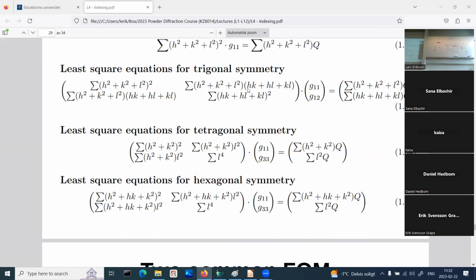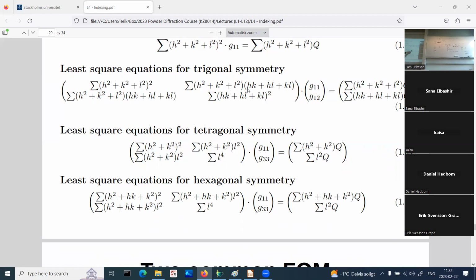Here is a term that could be calculated over all the HKL: H square plus K square, and L square. You get this, and it can be calculated from the lines that we have. And here are the unit cell parameters. This could also be calculated.